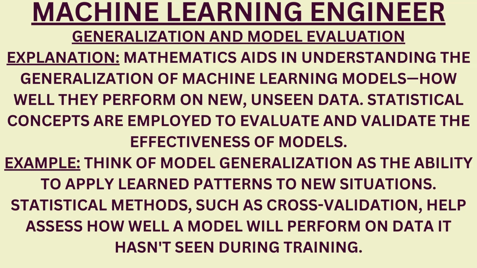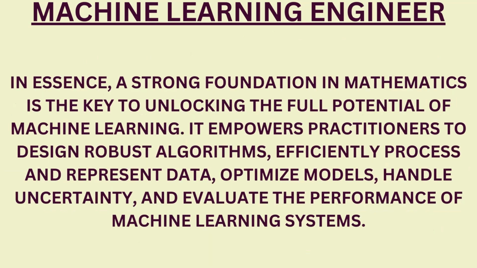Example: think of model generalization as the ability to apply learned patterns to new situations. Statistical methods such as cross-validation help assess how well a model will perform on data it has not seen during training. In essence, a strong foundation in mathematics is the key to unlocking the full potential of machine learning.